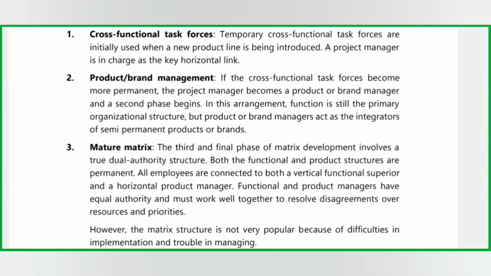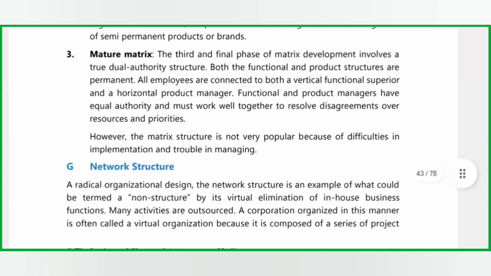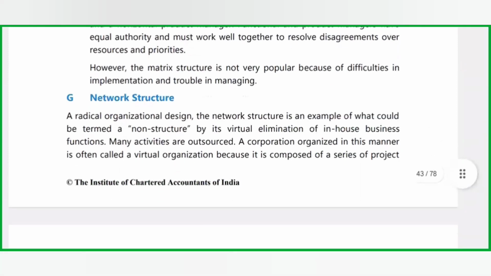It is cross-functional if the product manager becomes a product or brand manager, and the second phase begins here. Mature matrix is the third and final phase, where it involves a true dual authority structure, wherein there are two reporting heads. Then we have one more structure, which is called the network structure.